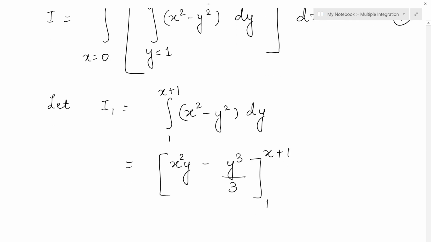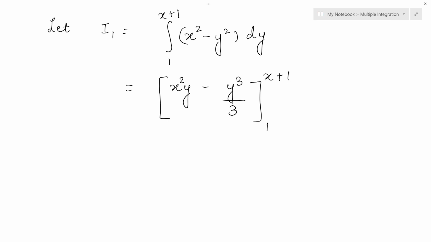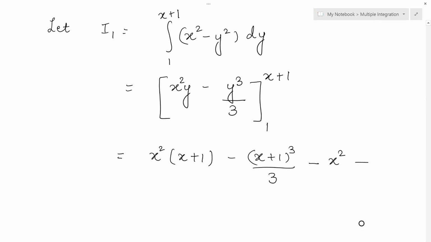So if I substitute the limits of integration, remember we are integrating with respect to y. So we will substitute the limits in y alone. So the x term will be as it is. Let me substitute the upper limit first, and then I will substitute the lower limit. So minus minus will become plus. Don't make a mistake over here.